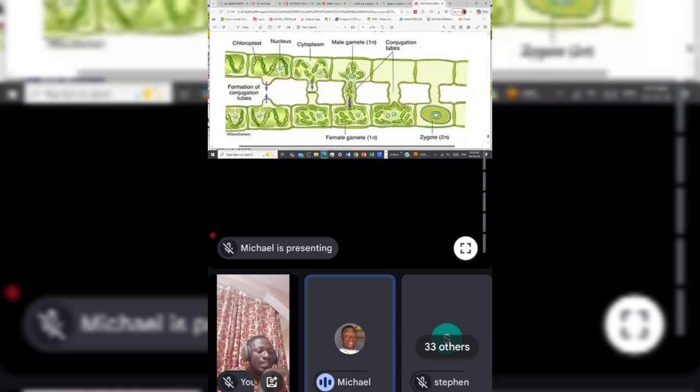That's the Spirogyra. So either you are a single cell, living a solitary, free-living life, or single but living in a colony, or single but living in a filamentous form as Spirogyra, or you are part of a living organism. So the palisade cell is a part of the plant, and the red blood cell is a part of the human body, particularly the blood tissue.